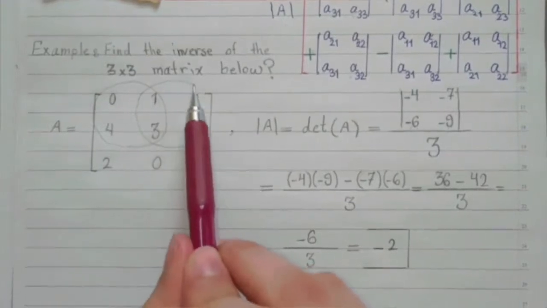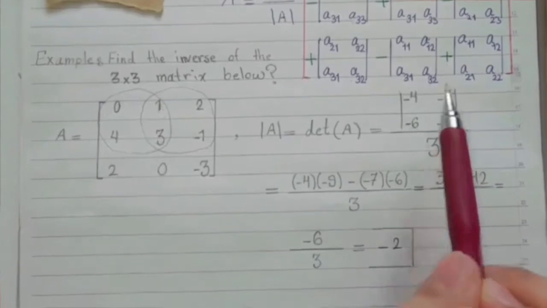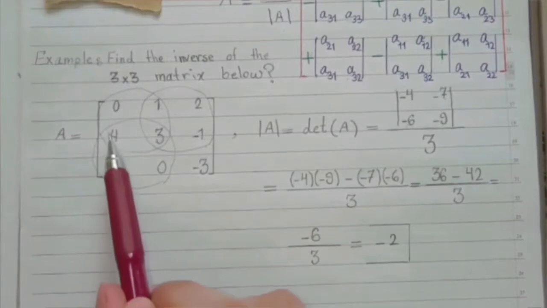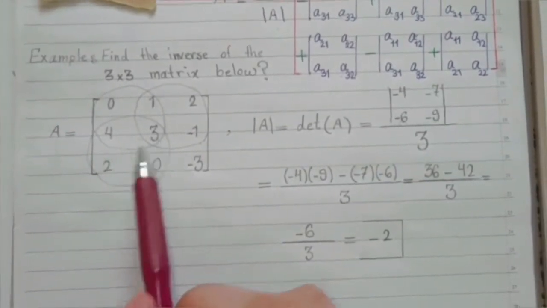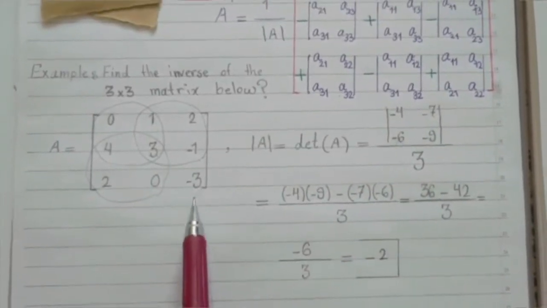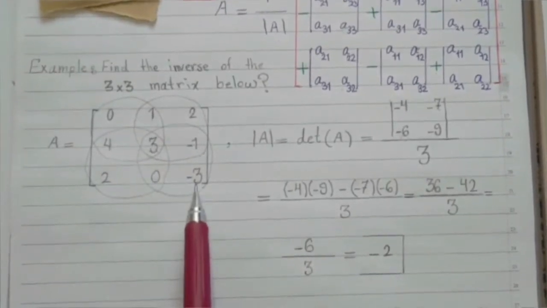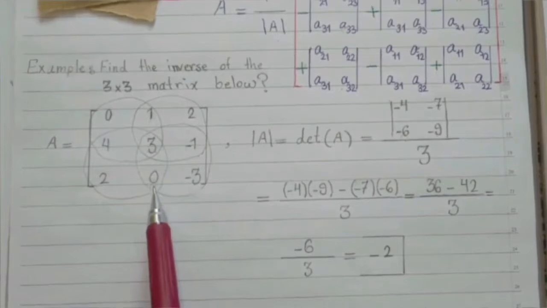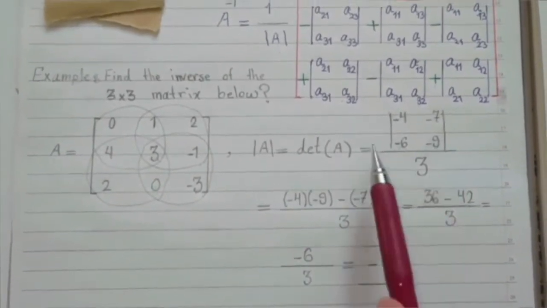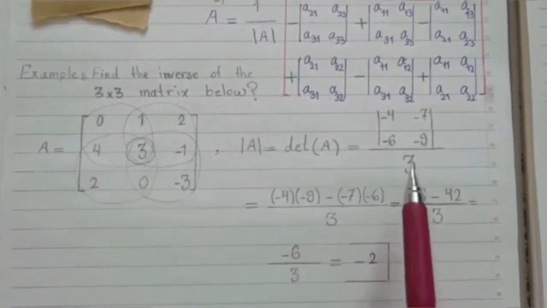Then we find the determinant of this part, 1 and minus 6, which is going to be negative 7, okay? Then we find the determinant of this part of our matrix, which is 4 times 0 minus 2 times 3, which is going to be negative 6, okay? Then we find the determinant of this part of our matrix, which is 3 times negative 3, which is negative 9 minus 0, which is negative 9 overall, over our middle entry, which in here is 3, okay?